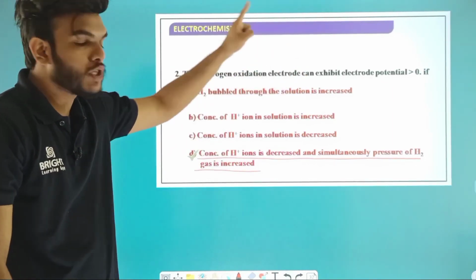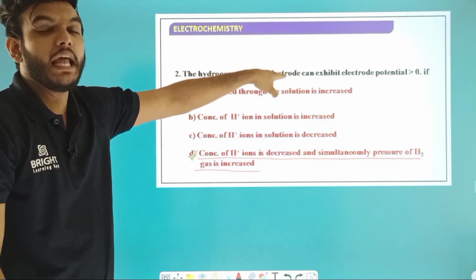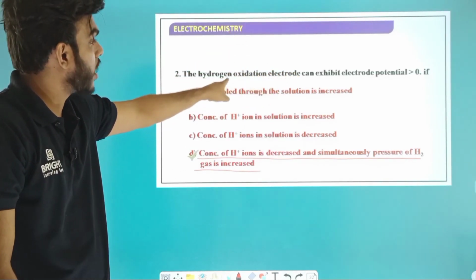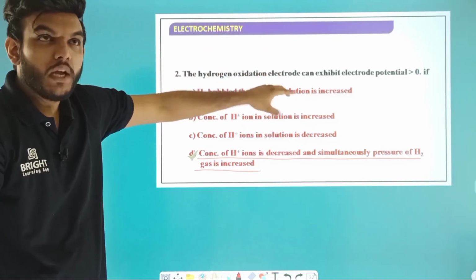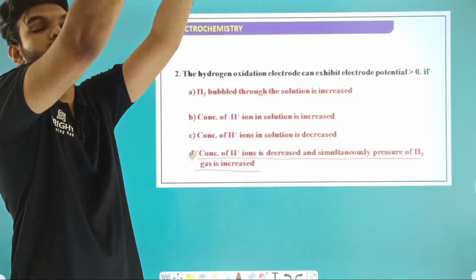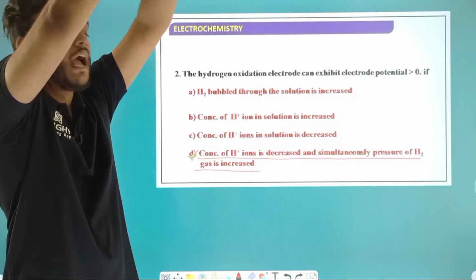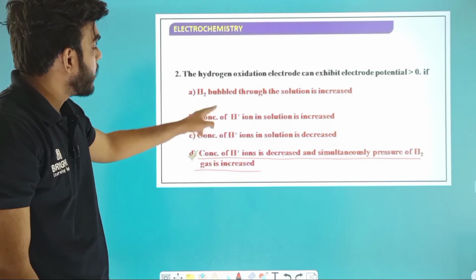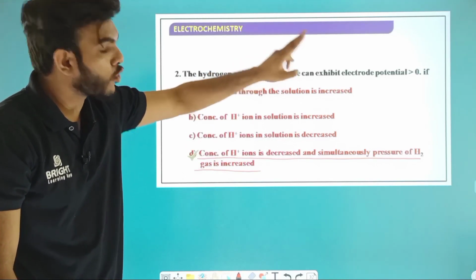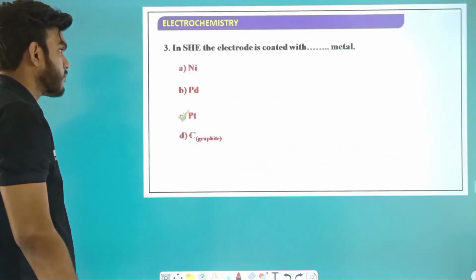It may come as an MCQ type of question. So when the pressure of H2 is increasing and the concentration of H+ ion is decreasing, the electrode potential will be greater than 0.